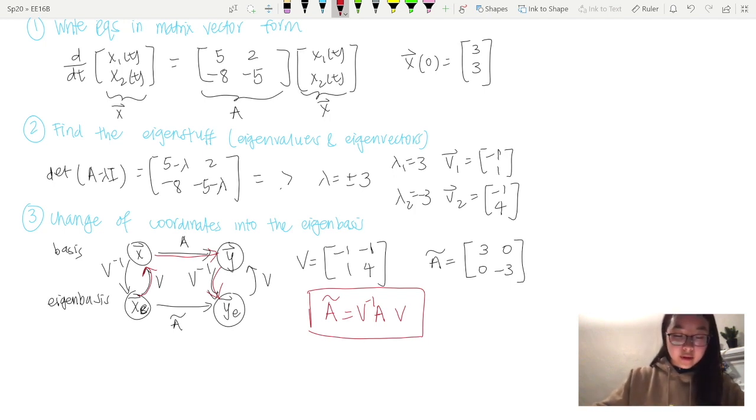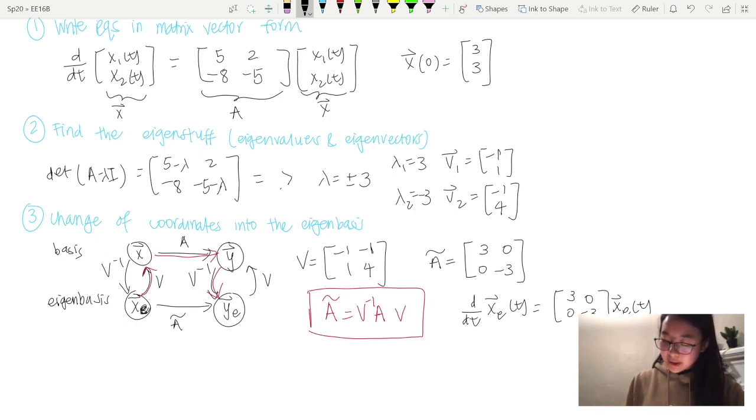So now, if we call these coordinates xe and ye, as in the coordinates in the eigenbasis, then we can write that d/dt of xe of t will be equal to A tilde, 3, 0, 0, -3, times xe.